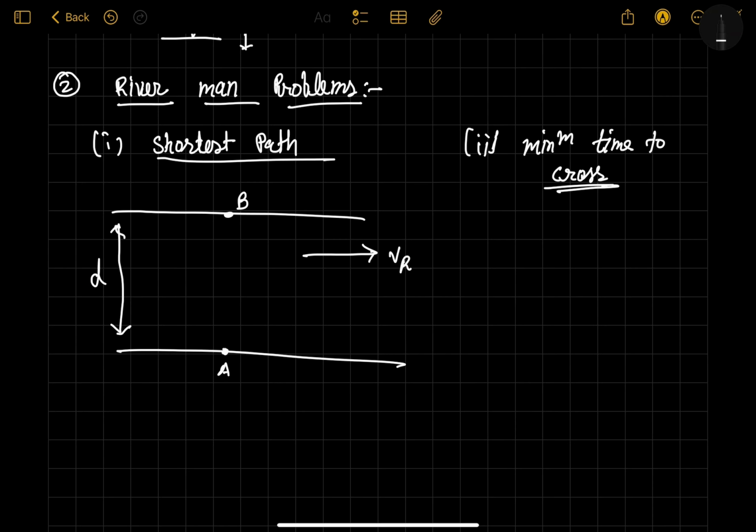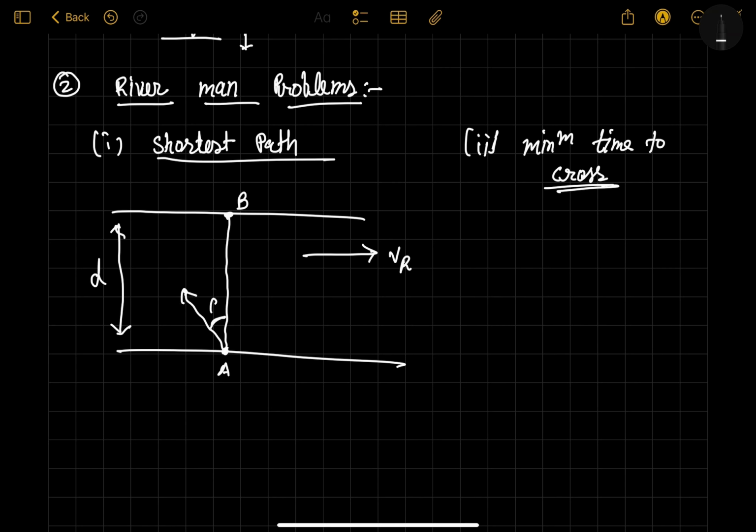If a person has to reach point B from point A, then only will he have the minimum displacement. So he will go towards this side so that he drifts towards point B.